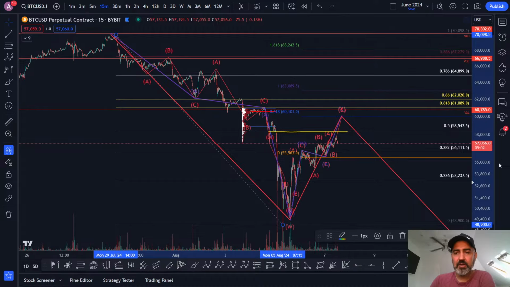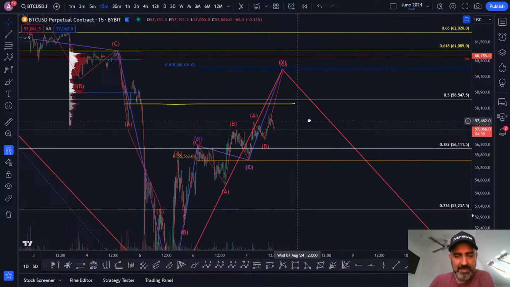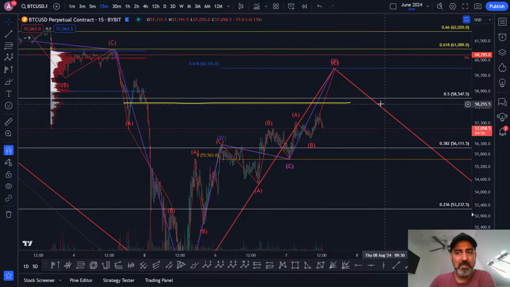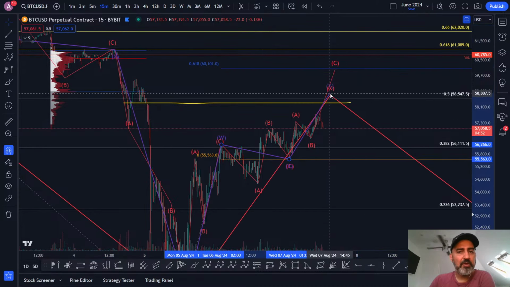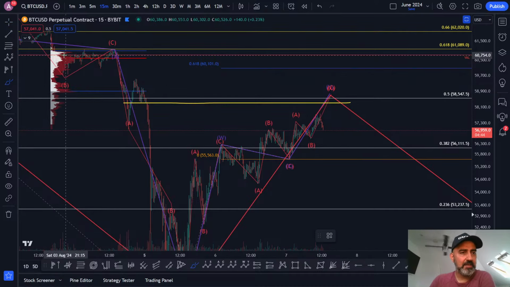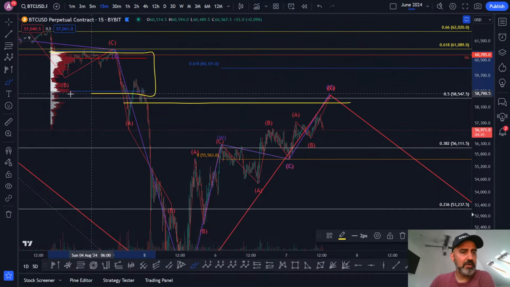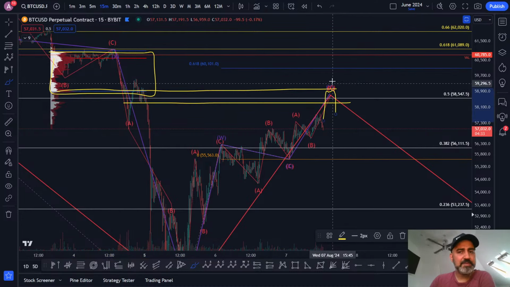Right now we haven't even come into the 50% mark. So that's why I said we may struggle here. Just be aware of that, which would make sense, because it would just be not being able to get back into this little range here, the value area low fake out above the 50%, and that was it.